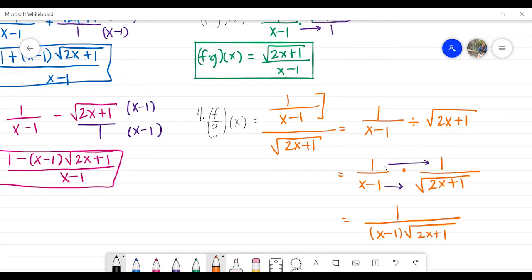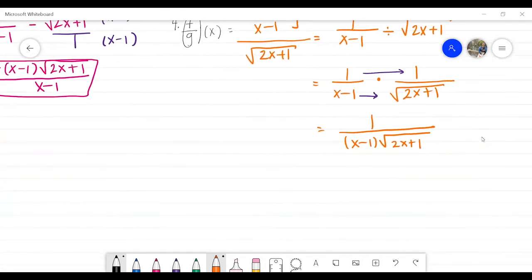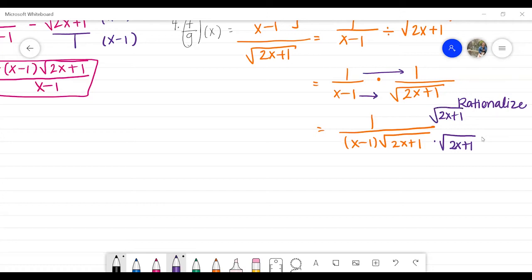Now, here's where I will caution you. It's never a good idea to leave a radical in the denominator like that. I don't know how well you remember rationalizing. And that means multiplying by that radical, so that we have the square root of 2x plus 1 quantity squared.